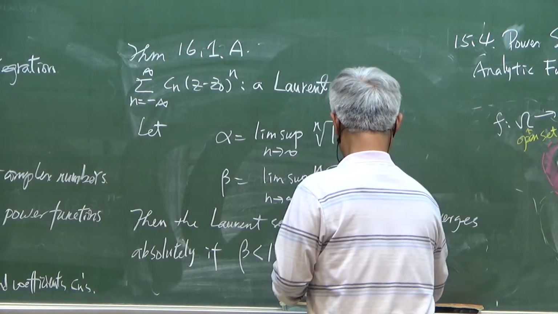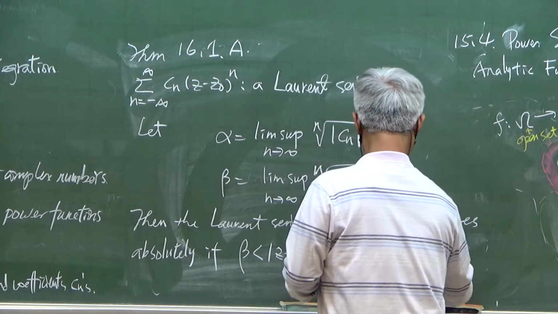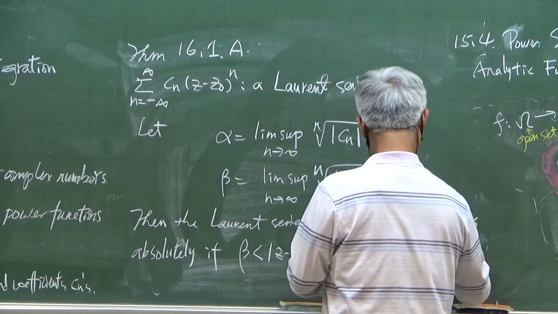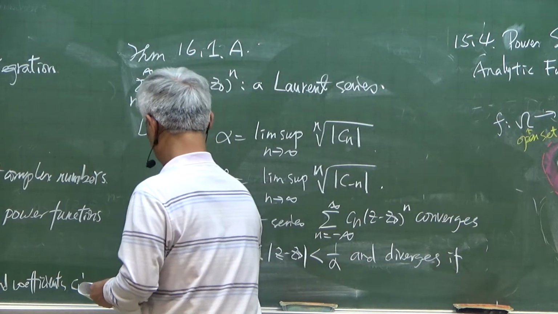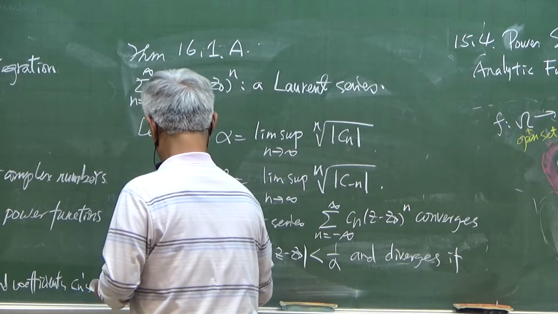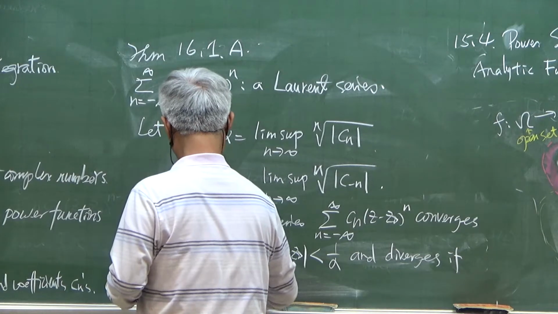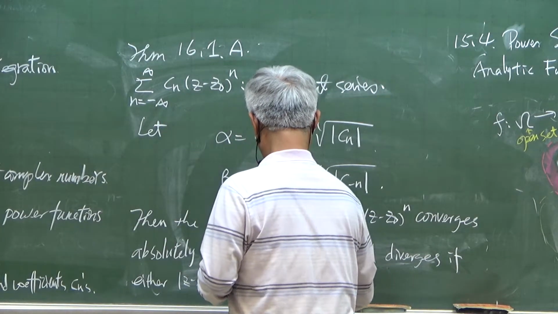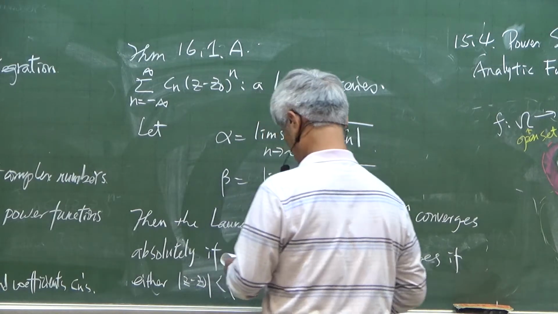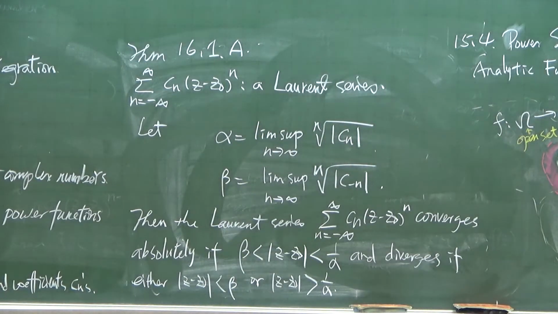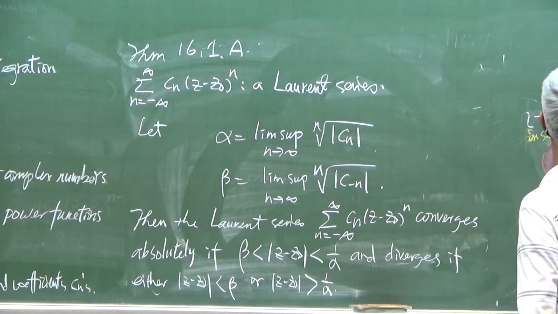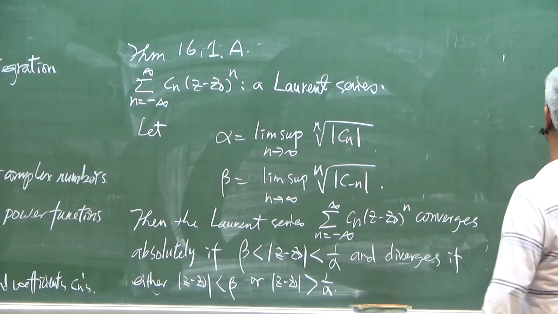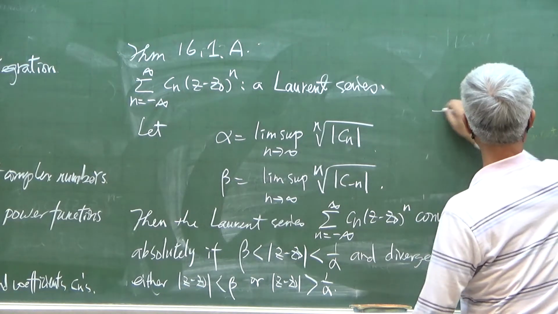And it diverges, right, diverges, if either |z minus z0| is less than beta, or |z minus z0| is greater than 1 over alpha. Okay? So the situation is here.